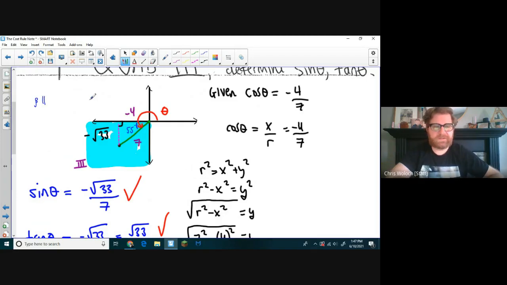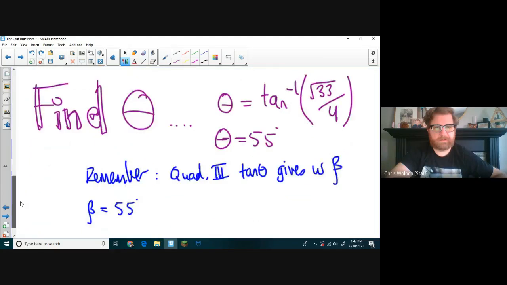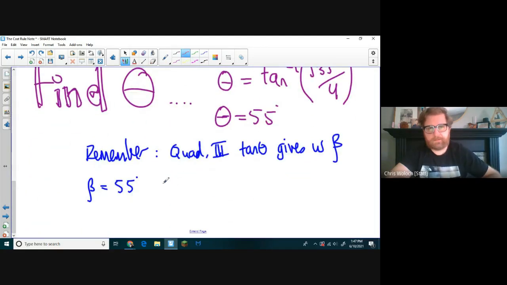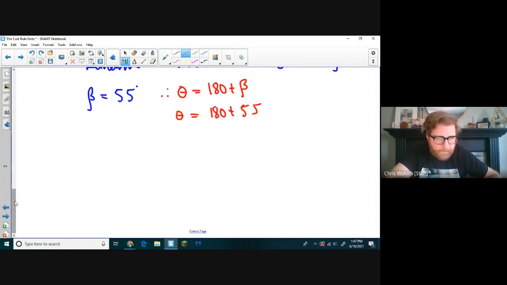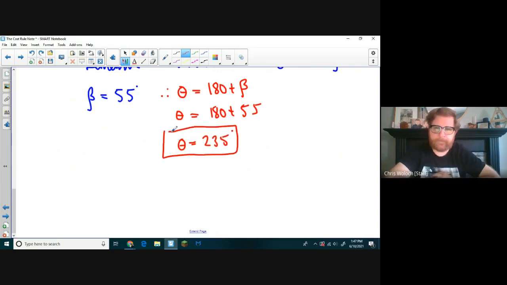And then again, what's the rule here? Well, theta is going to be 180 plus beta. So in quadrant 3, theta is 180 plus the related acute. So it's going to be 180 plus 55. So theta is going to be 235 degrees. All right.